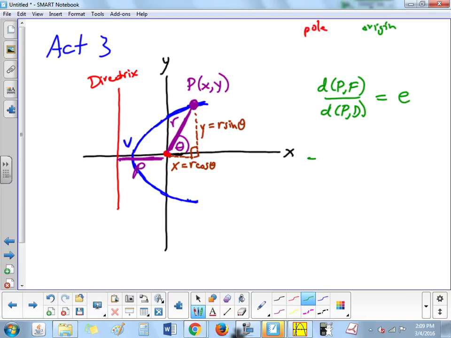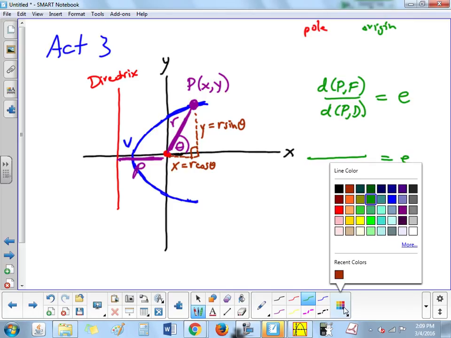But I would like you to update for this picture. So I'm going to pause the recording and let you work for 5 minutes at least. You need to fill in numerator and denominator. Look at the diagram. How far is P from F? Look at the diagram. How far is P from D? So I'm talking about these two distances, these two gray segments.